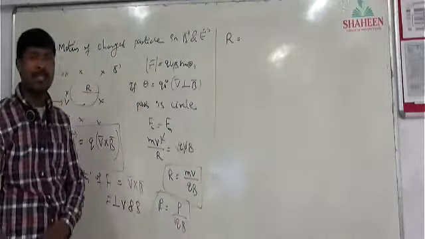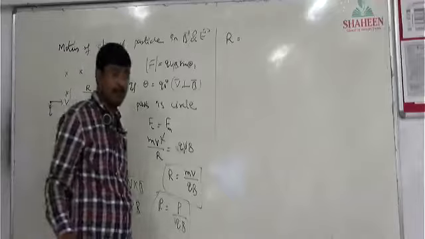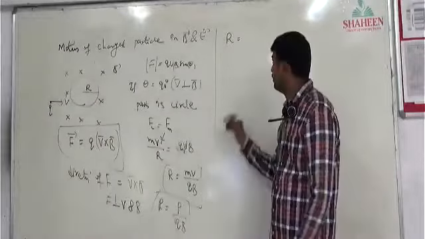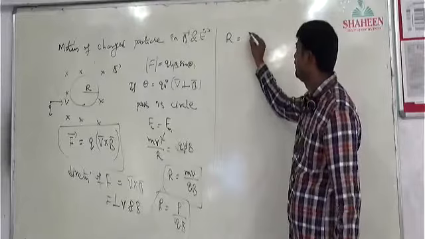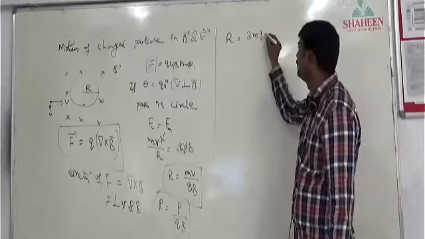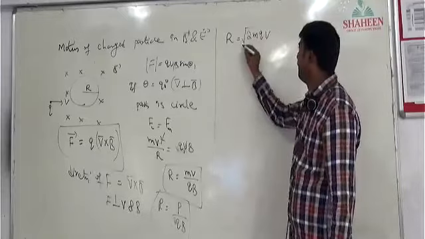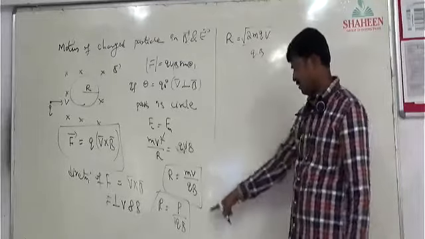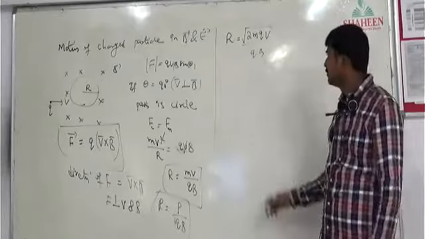Momentum is equal to root over 2mK, where K is kinetic energy. For a charged particle, in place of kinetic energy I should write QV, by QB. So I can cancel out.